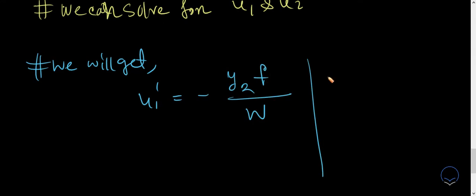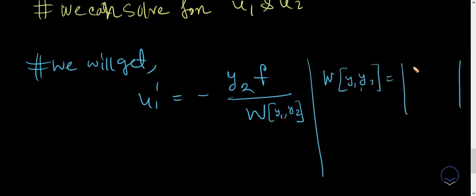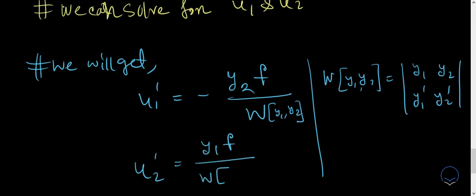If you recall the Wronskian, let me be more explicit. The Wronskian of two functions is given by the determinant with rows y1, y2 and y1 prime, y2 prime. This is our Wronskian, and since it will not be 0, we will have two independent solutions, and u2 prime will be y1 f divided by the Wronskian, coming from y1 and y2.